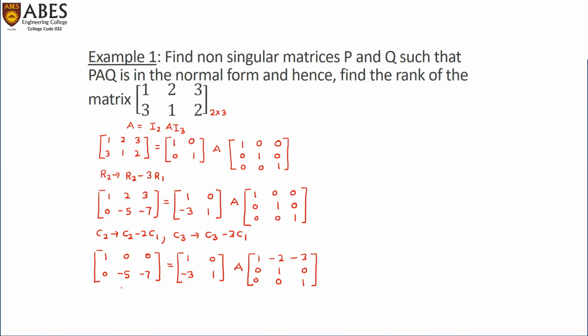If we apply the row transformation, we make changes in the pre-matrix. If we apply the column transformation, then we change the post-matrix. So we apply the column transformation C2 replaced by minus 1 by 5 C2.